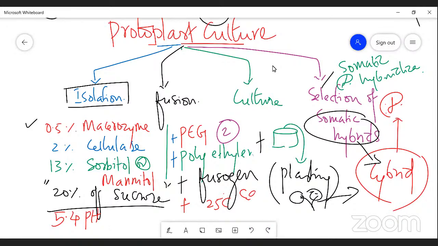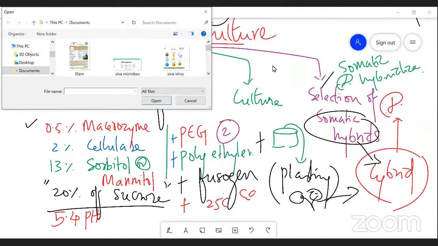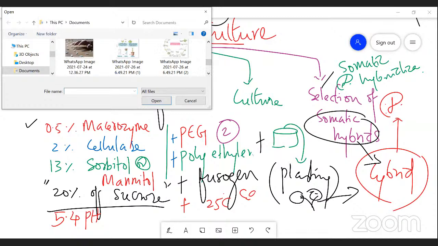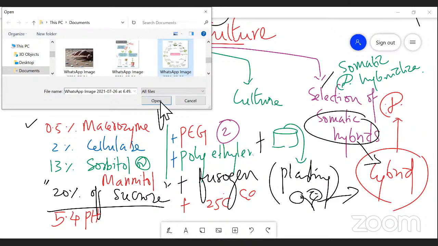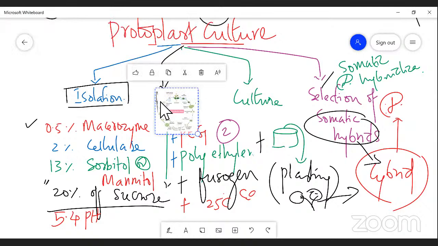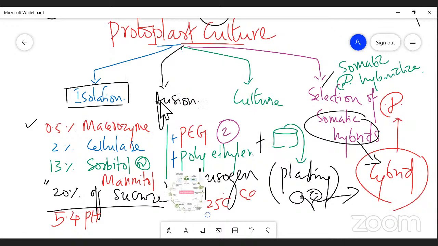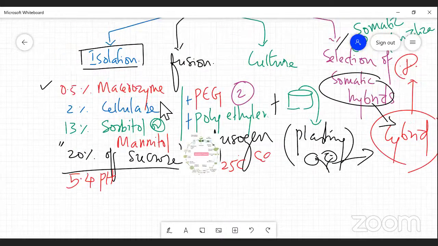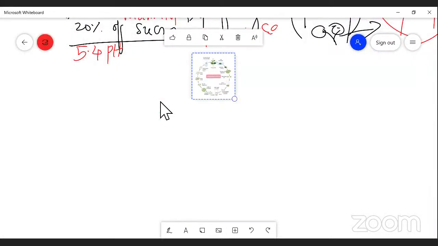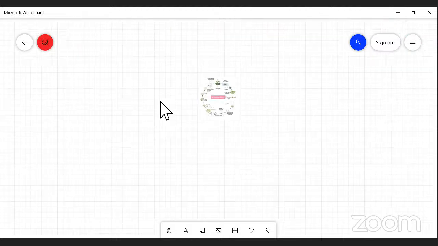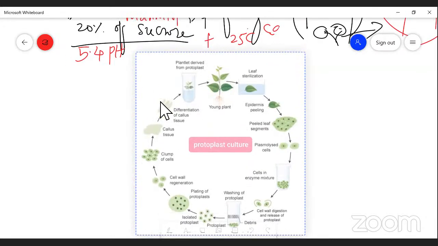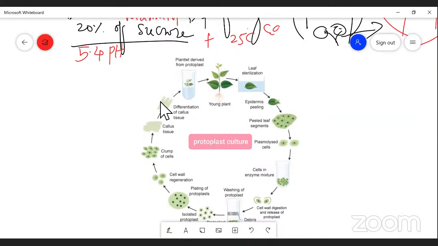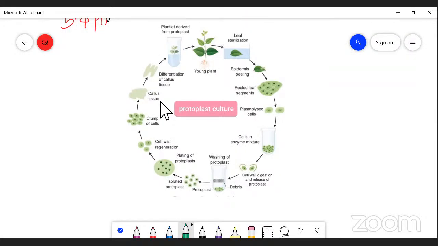I am going to explain the flow chart that I have collected so that you can understand easily. Now, this is somatic hybridization or protoplast culture.